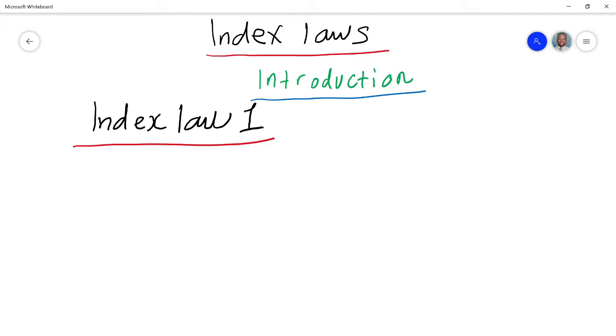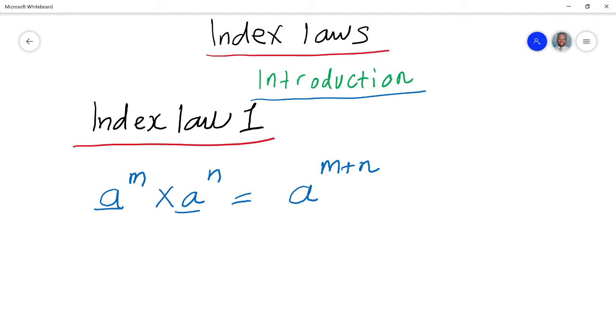Suppose you've got a to the power m times a to the power n. What does that simplify to? Provided that you've got a multiplication sign and the bases are the same, that becomes a to the power m plus n.